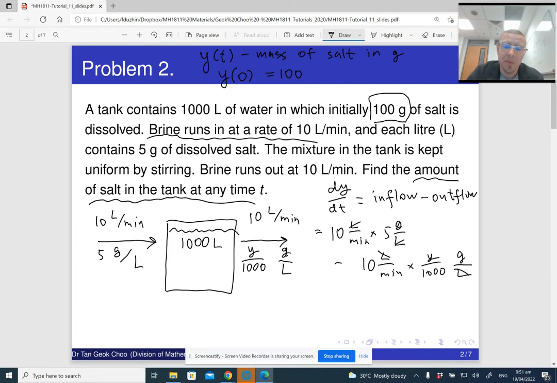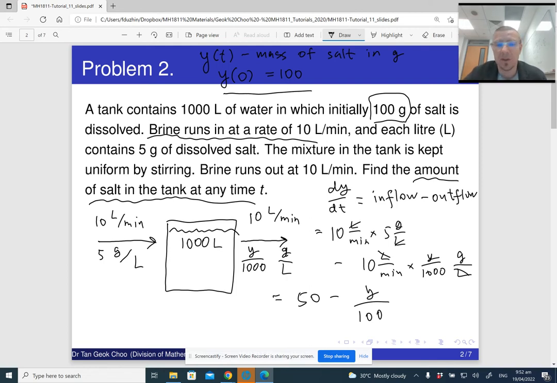So it all makes sense. Now let's just do the computation. 10 times 5 is 50, minus y over 100. So this is the differential equation, dy/dt equals 50 minus y over 100, and the initial condition is y of 0 is 100.